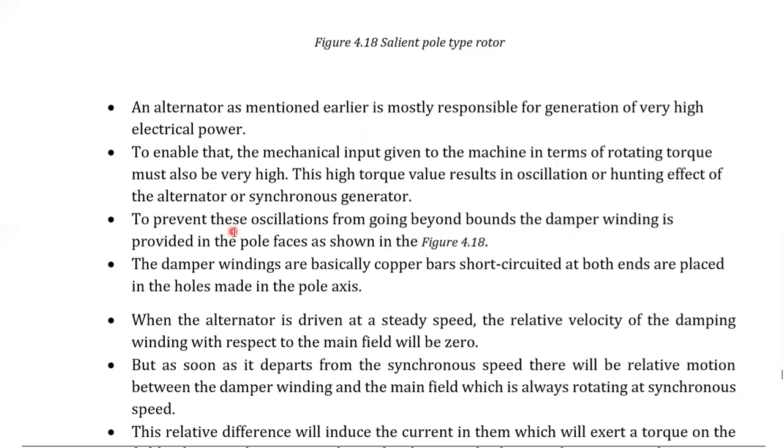When the load changes, if the load is increasing, the speed decreases; when the load is decreasing, the speed increases. Because of this load torque, oscillations take place in the rotor. These oscillations can be minimized by using a winding called the damper winding.